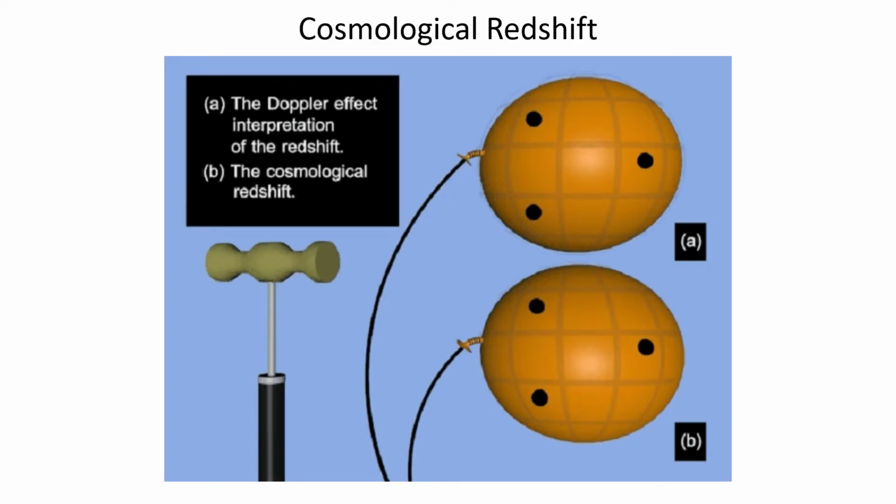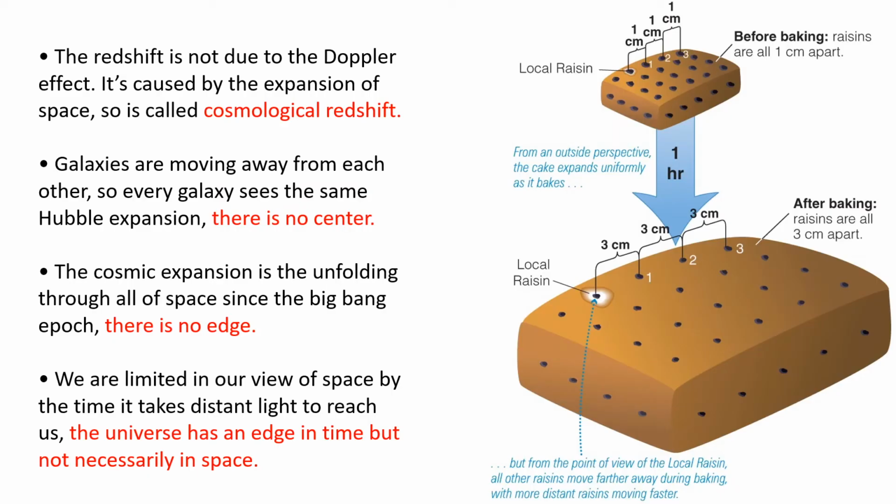But in cosmology the situation is different. It's the space-time itself, the grid itself, that is expanding. It's invisible space-time, of course. The galaxies are just markers of space-time. But if there were an external space, then we'd have something like the Doppler effect. But what we have is not the Doppler effect. It's cosmological redshift because the space-time is expanding. And so these are the conclusions we draw from this situation.